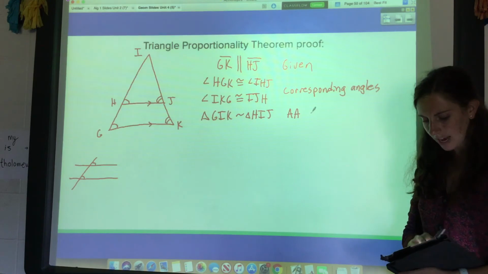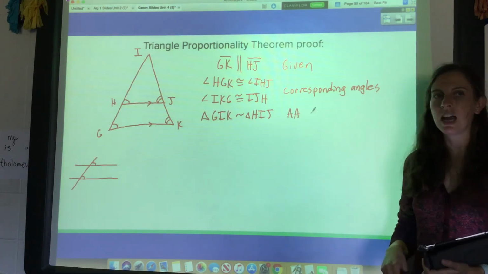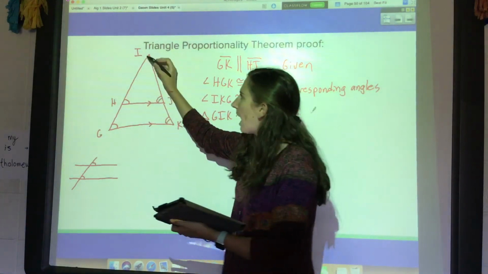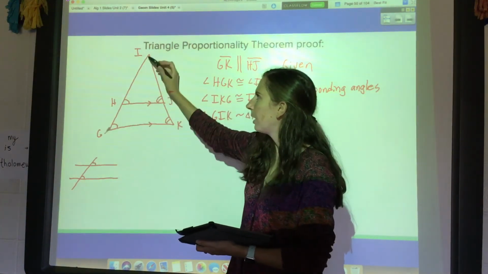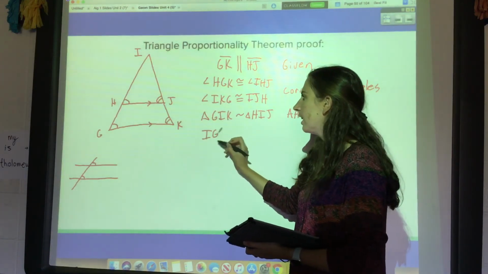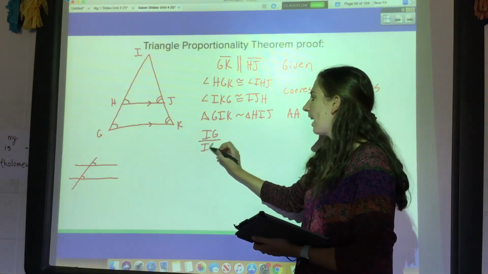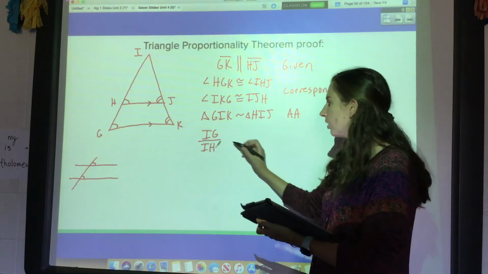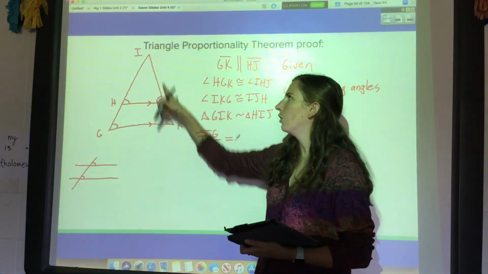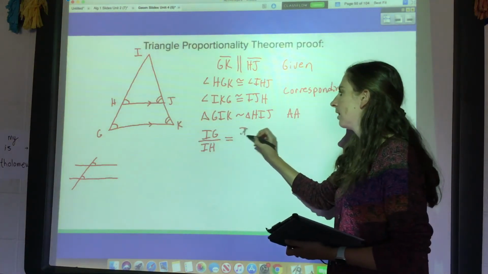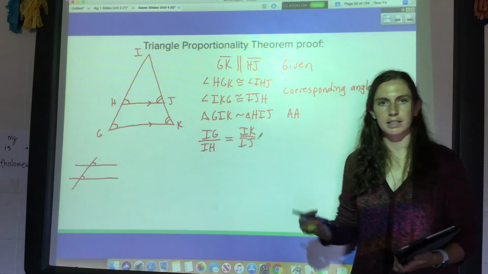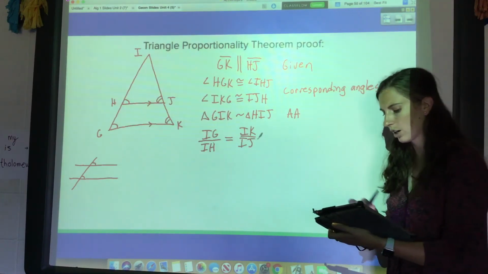Okay, next, since I know they're similar, I can set up a ratio of the sides. So I know that IG compared to IH, so IG is the big triangle, IH is the small triangle, is equal to IK over IJ. Just setting up a proportion with the sides, since they're similar triangles.